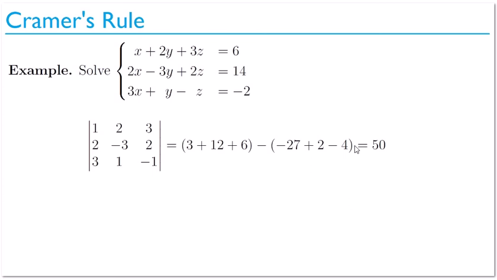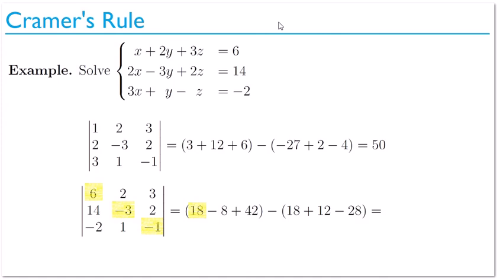For the numerator of x, we replace column 1 of the coefficient matrix by the numbers on the right-hand side of the system, 6, 14, and negative 2. And then let us get the determinant.